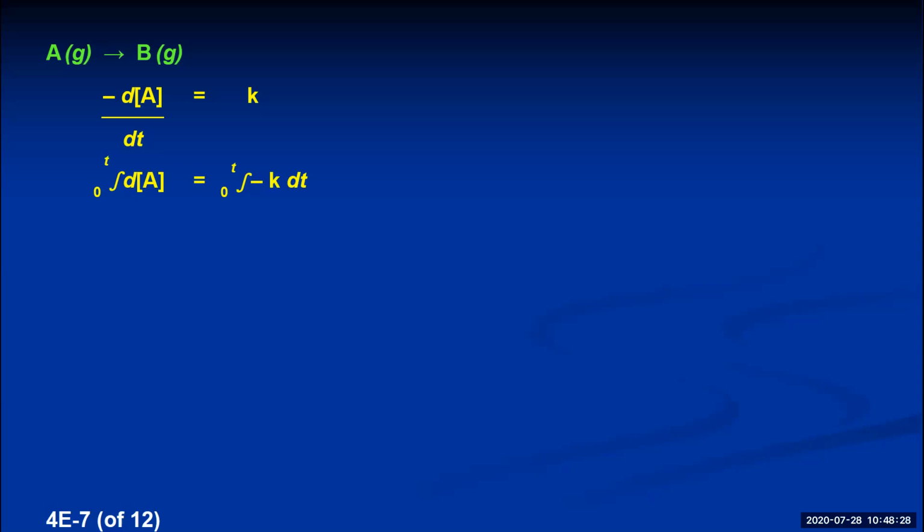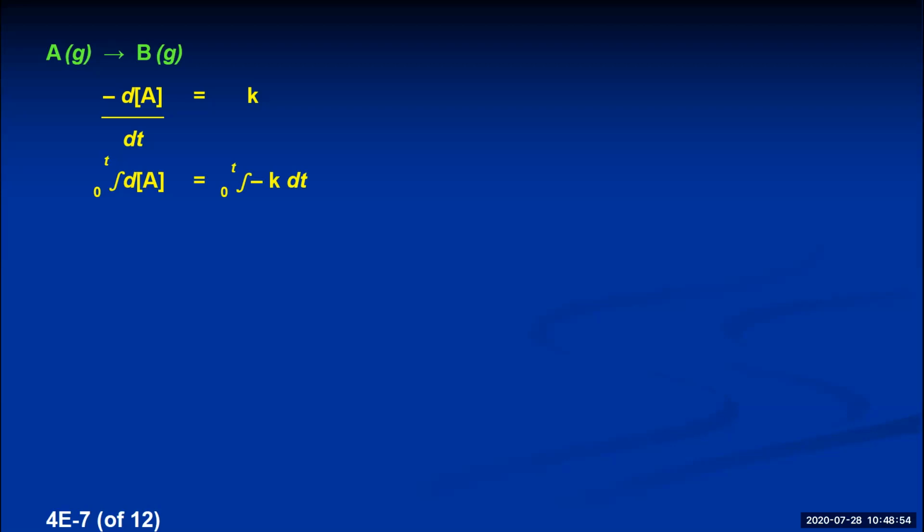The left side of the equation is just the integral of dA. There's no substance in front of it. It's just like the number 1. So if you had the number 1 dx and you were integrating that, what's the integral of 1 dx? That would just be x. So here the integral of 1 dA would just be the concentration of A. On the right side of the equation, we're taking the integral of negative k dt.